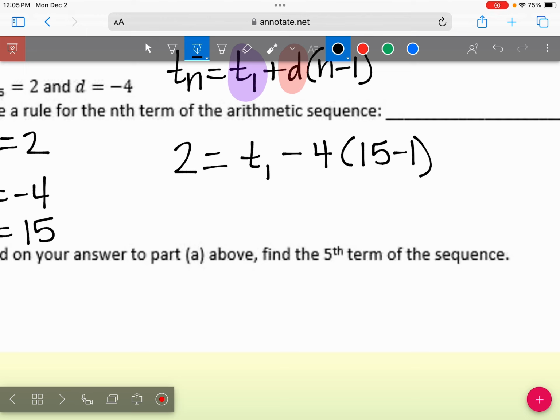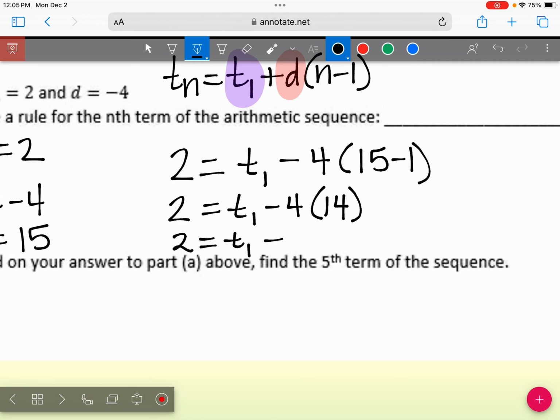All right, so let's do parentheses first. So 2 equals T1 minus 4 times 14. And what is 4 times 14? 28, 56. Is it 56? Okay, minus 56. And what would be my last step to solve this for T1?